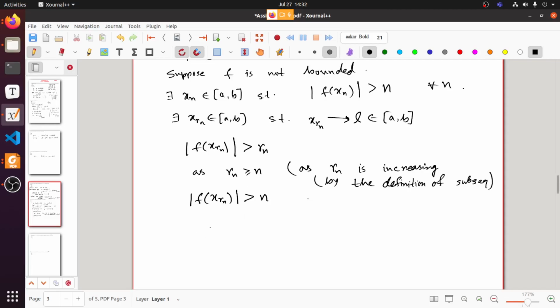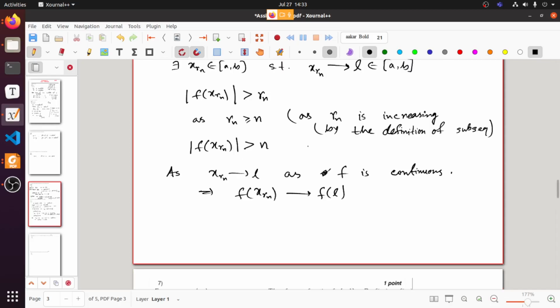Note that f is given to be continuous, and as x_{r_n} converges to L, and f is continuous, f of x_{r_n} will converge to f of L. But this is a finite number, so the sequence is convergent.